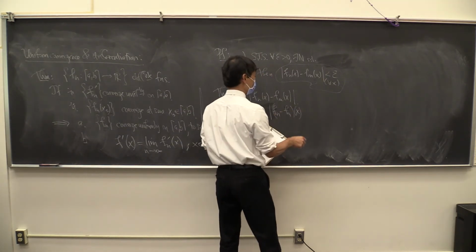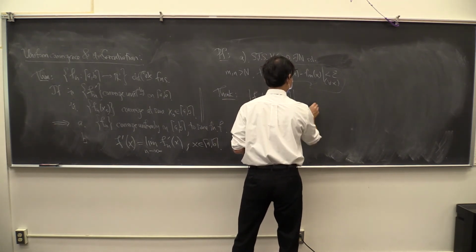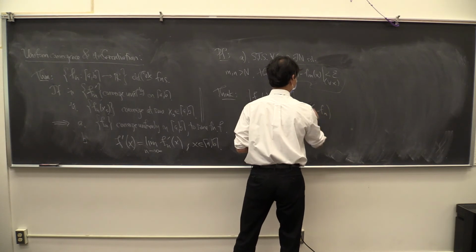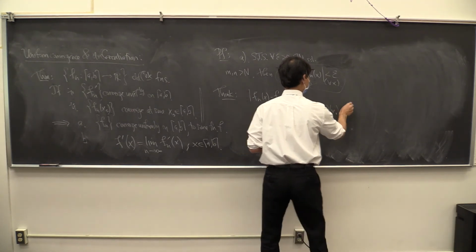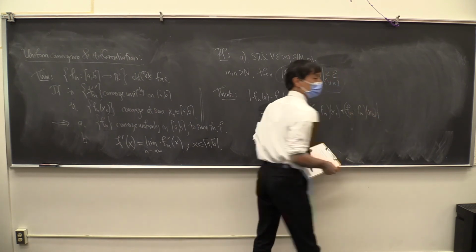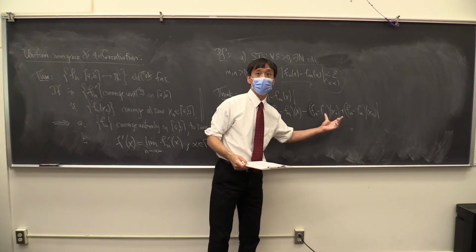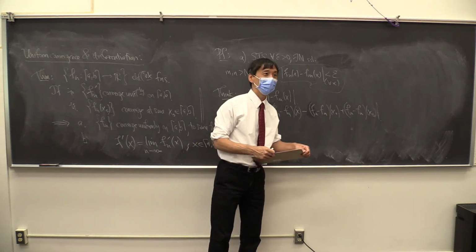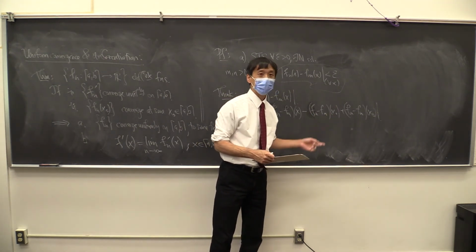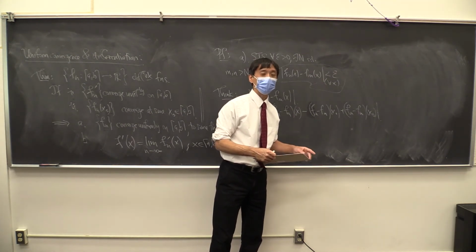That's this, and I'm going to subtract off (f_n - f_m)(x naught) and add it back on. So I've added in 0, a cleverly chosen 0. That's one of our two basic tricks. The other is multiplying by a cleverly chosen 1.